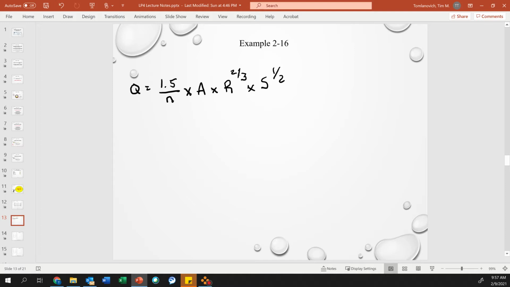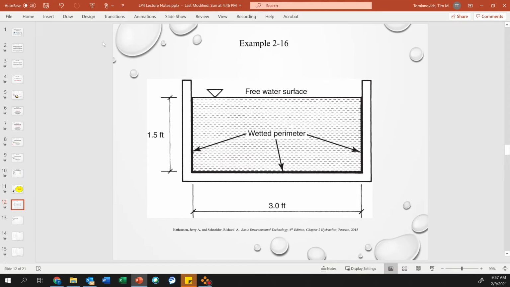Okay, so n is concrete, and they tell us it is 0.013. Area equals cross-sectional flow area. So if we go back to this picture, our cross-sectional flow area is, the flow height is 1.5 feet and the flow width is 3 feet. So our cross-sectional area of flow is 1.5 times 3 feet.